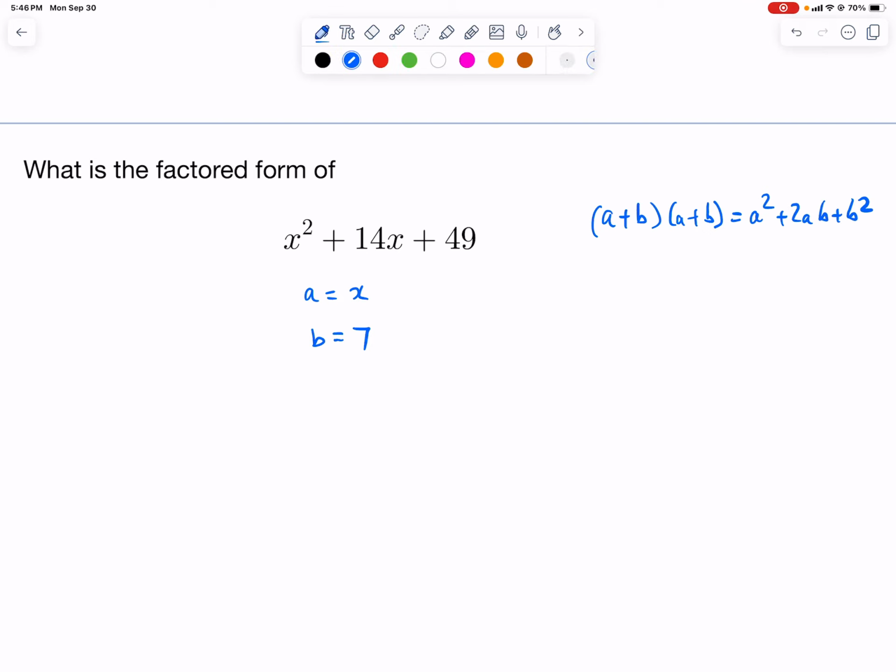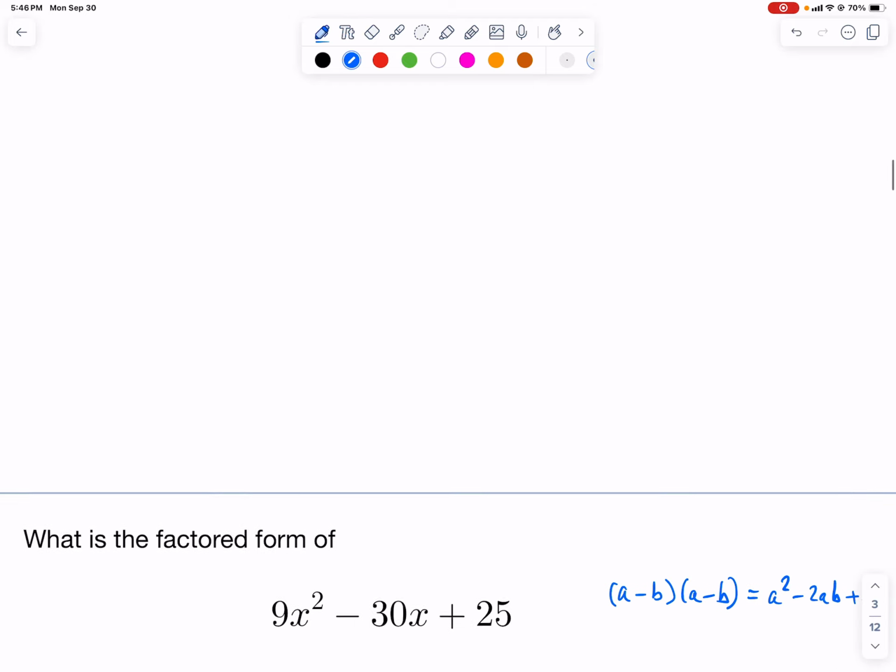So now that I know my a and my b, we can put this in factored form, and this is going to be x plus 7 times x plus 7, which is in this format here. Or you can also write this as x plus 7 quantity squared.